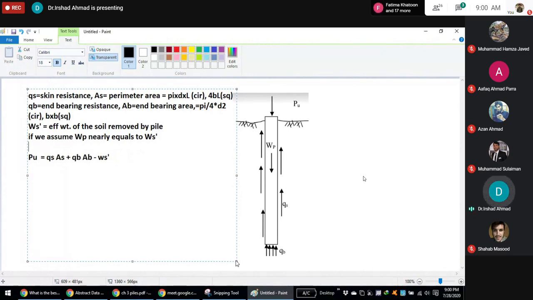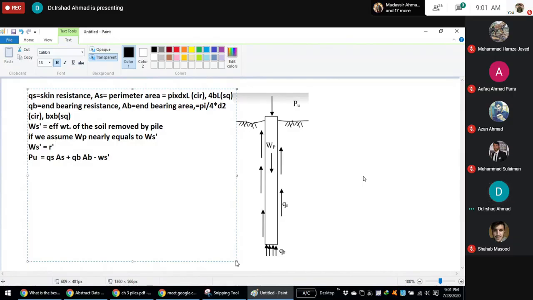WS is equal to what? Gamma prime, which is the effective unit weight of the soil, into the volume of the pile, because it is equal to the volume of the soil you have removed, right?